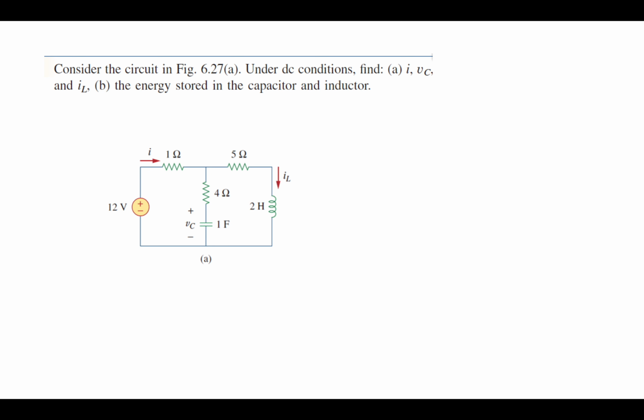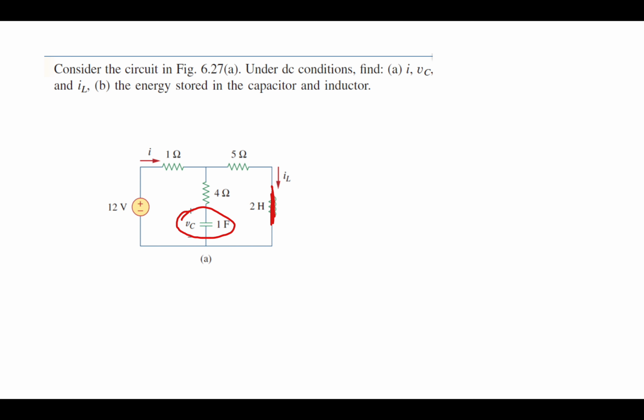The next one is to consider the circuit and, under DC conditions, find the current I, the voltage VC and the current IL. The second question is to find the energy stored in the capacitor and the inductor. So remember that in DC conditions, the capacitor is treated as an open circuit, and the inductor is treated as a short circuit.